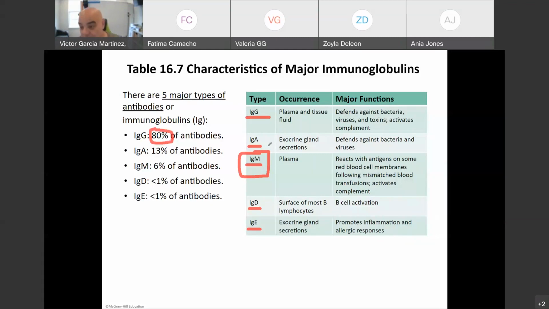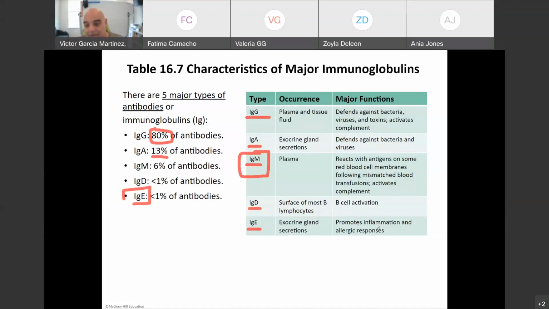And usually, when you have secretions such as tears, sweat, saliva, mucus, whatever you have secretions, you're going to have IgA. They are for protection of these glands.